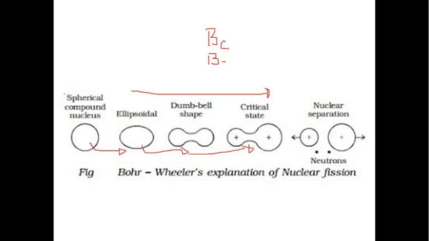The asymmetric term and the volume term do not undergo any change, because the volume is not changing in any case, and the asymmetric term is also not changing because the number A is constant through these various changes in shape. So let's investigate what is going to be the change in the values of BC and BS, and what its repercussions are, because of which it finally leads to fission.